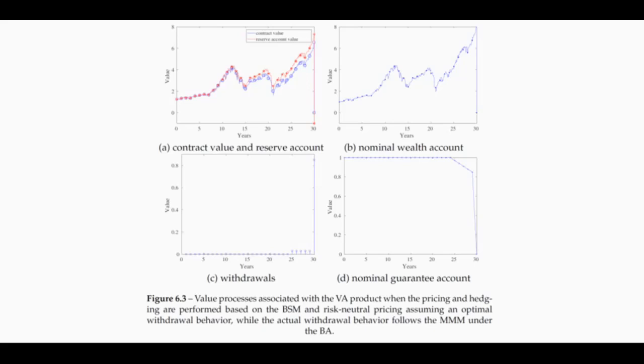The withdrawal pattern here can be seen to be that there is no withdrawal for a long time, some withdrawals are made when the horizon is approaching, and then a final large withdrawal on the last date, which led to the deficiency in the reserve account held by the insurance company who maintained a Black-Scholes model view.